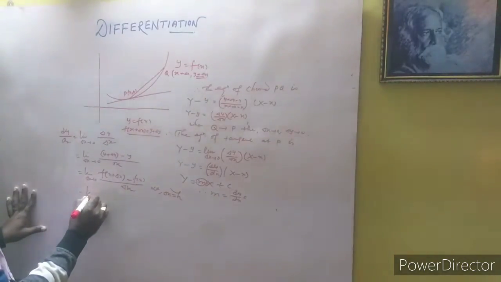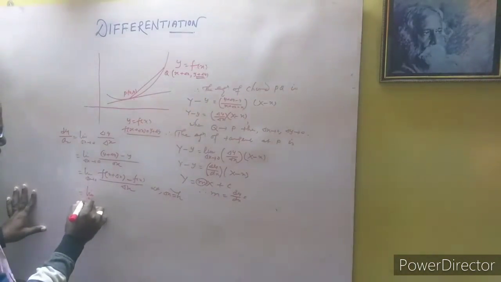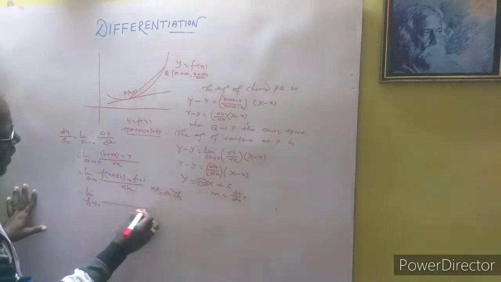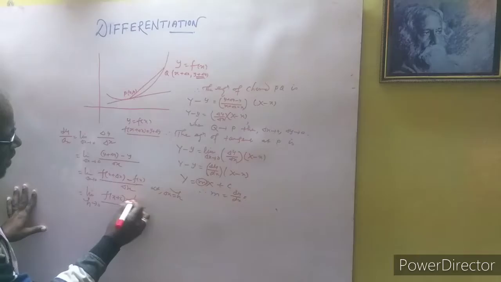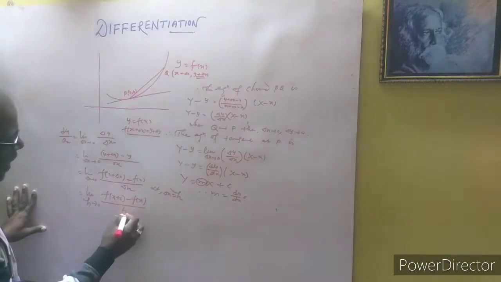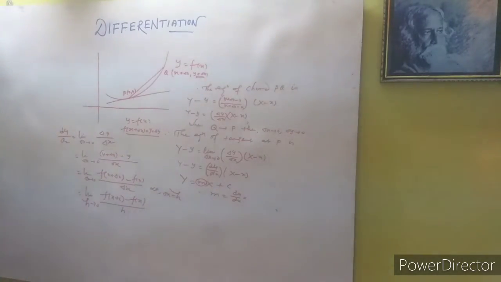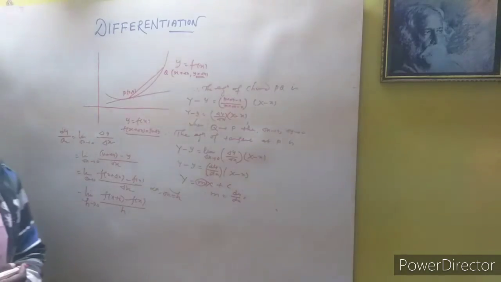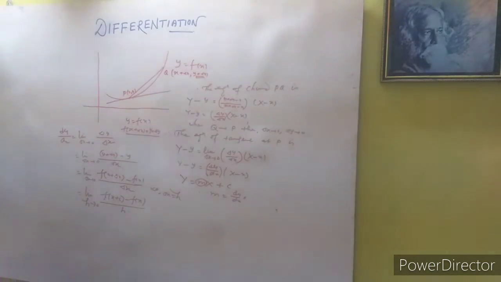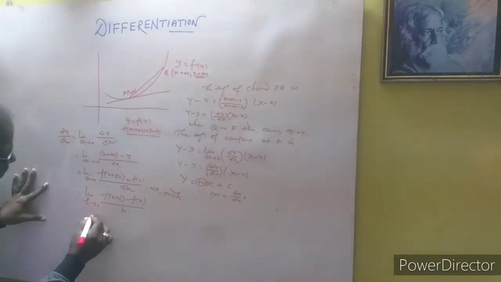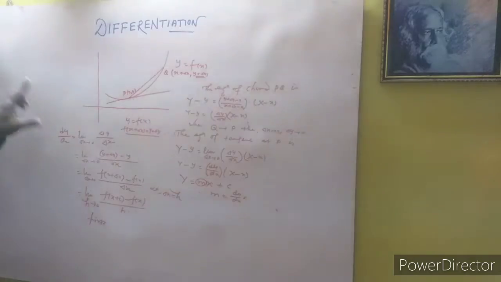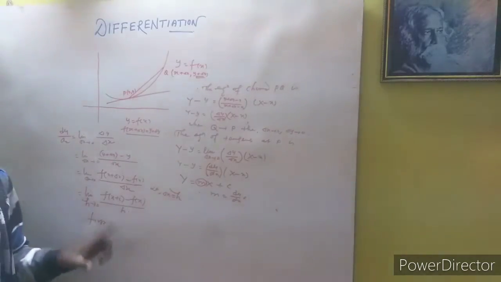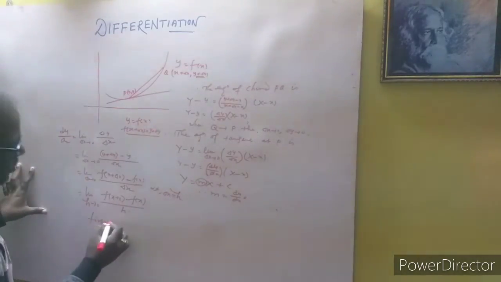So this is the limit as h tends to 0 of f of x plus h minus f of x, divided by h, and this formula is called the first principle. This one is the first principle for the derivative. This is the main important point, and this is called the first principle of the derivative.